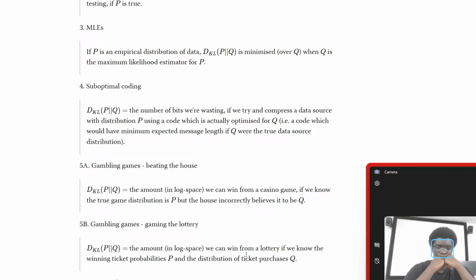We can win from a lottery if we know the winning ticket probability is P and the distribution of ticket purchases is Q. Maybe I'm just not enough of a degenerate gambler, but I don't know why the distribution of ticket purchases is relevant for a lottery.